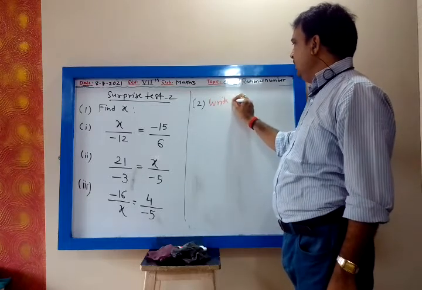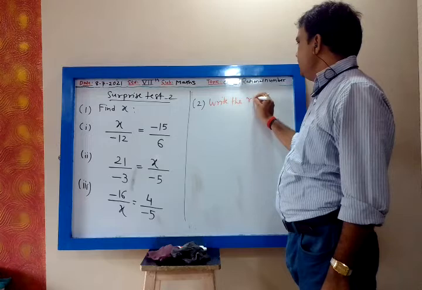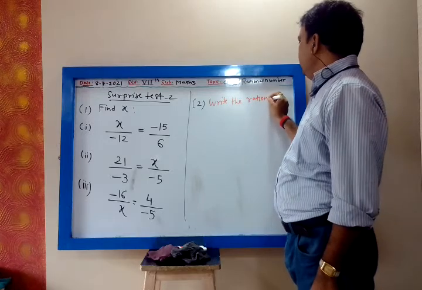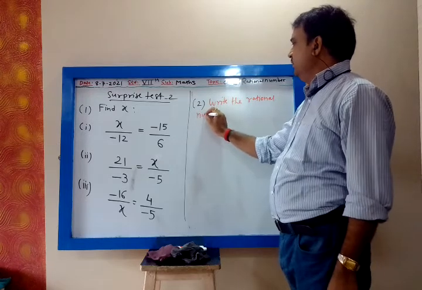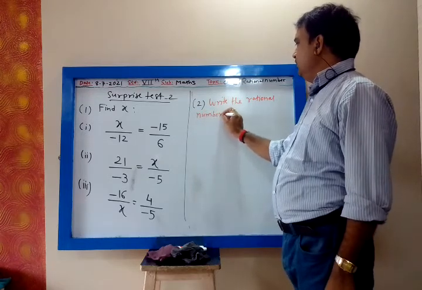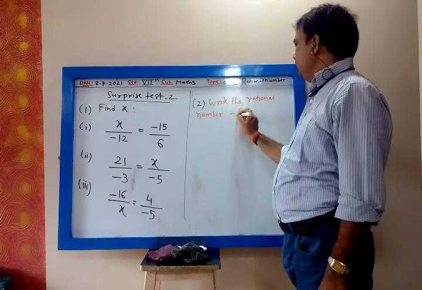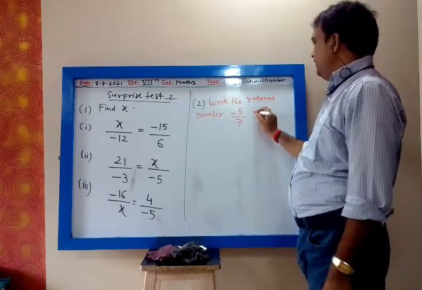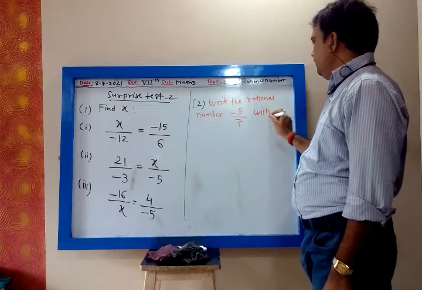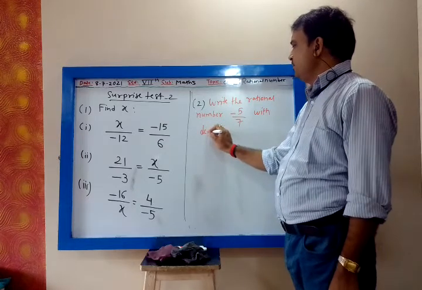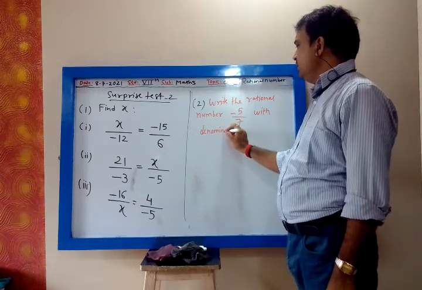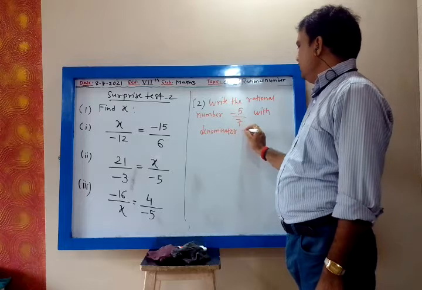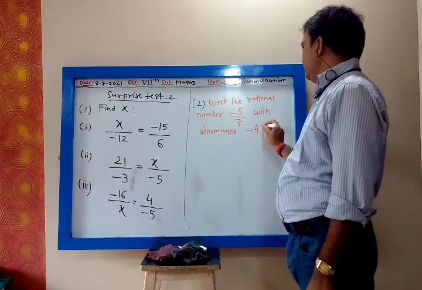Then write the rational number minus 5 upon 7 with denominator minus 42.